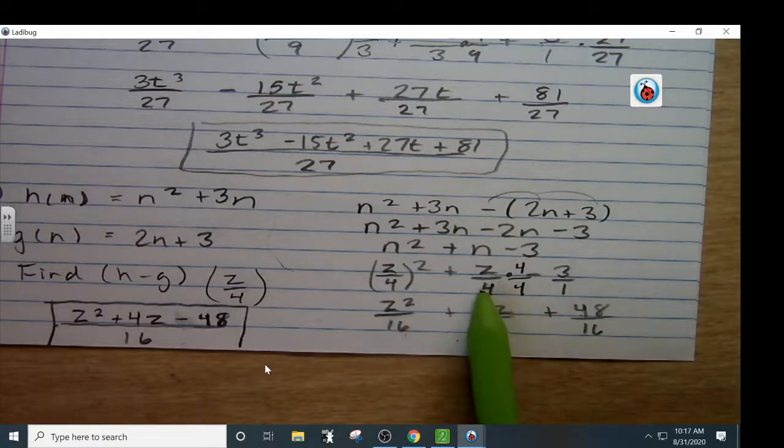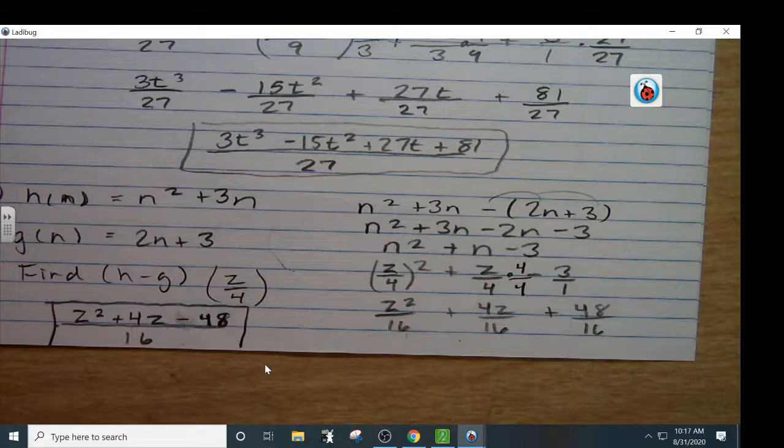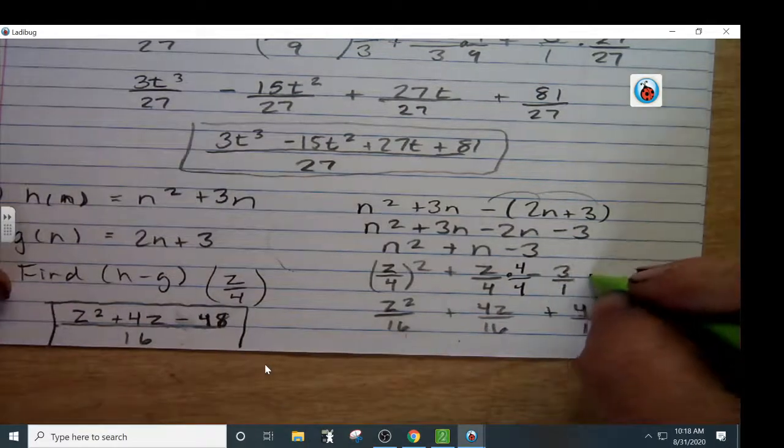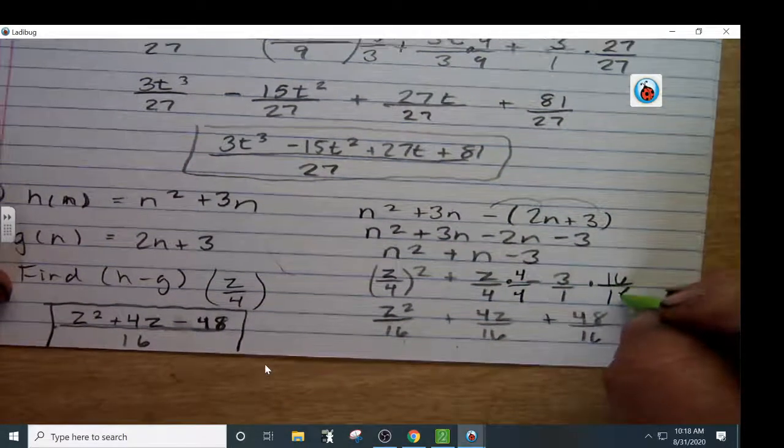So I know to make 4 into 16, I got to multiply by 4. The reason I have to multiply top and bottom is because you have to make sure the equation keeps its value. So that becomes 4z over 16. Now, to make this 16, I had to multiply this by 16 over 16.